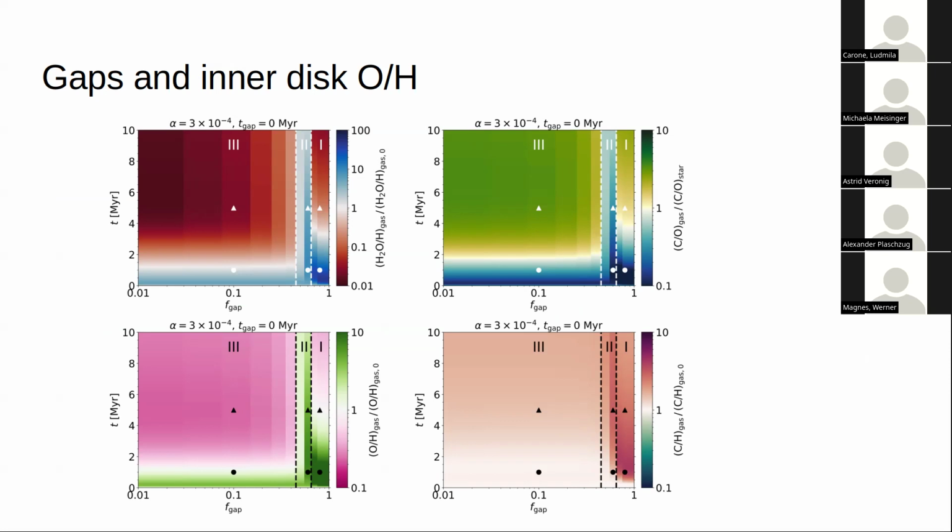In the case of disks with very strong gaps, the dust has ices around it. And if the gaps formed, let's say, beyond the ice line, then the water will also be trapped in the dust in the ring around the gap, and you won't find any water in the inner disk. So with time, we do expect to see this depletion of oxygen abundance in the inner disk as well.